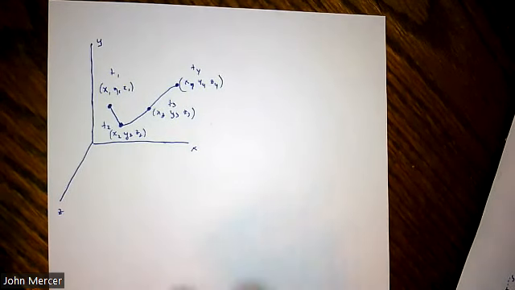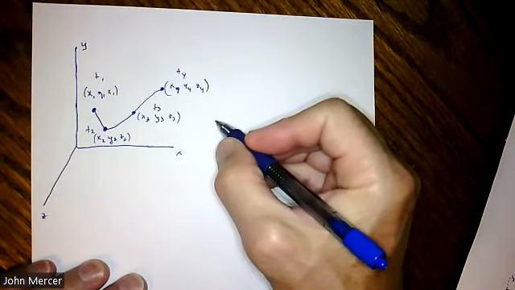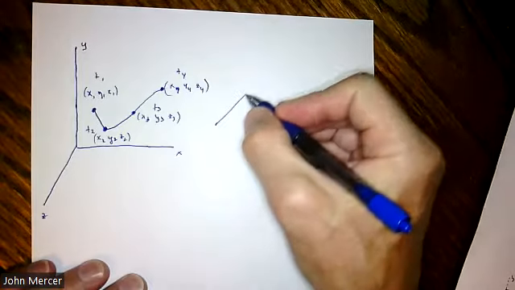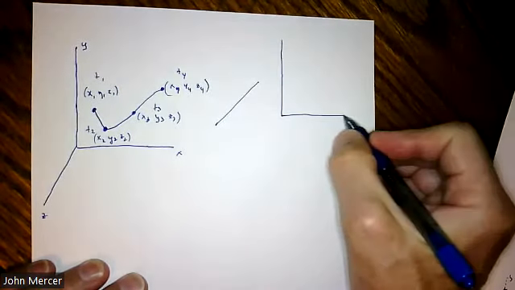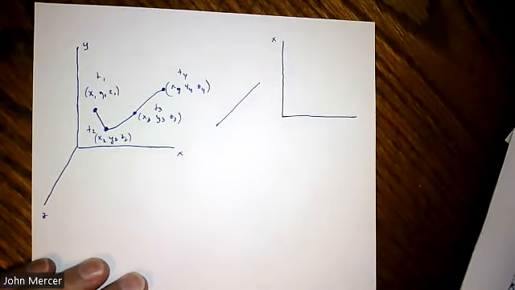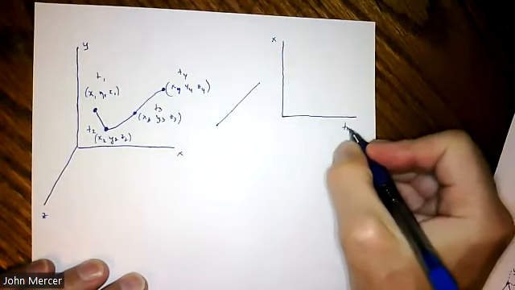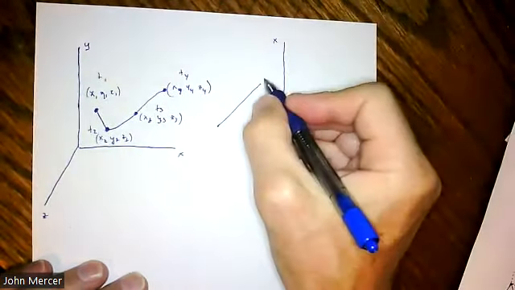But rather than stay with 3 spatial dimensions, what we will do is we will take these 3 dimensions and we will break it up into 3 different analyses. And the analyses will be looking only at the movement in the X direction versus time. And I'm going to put seconds here now.